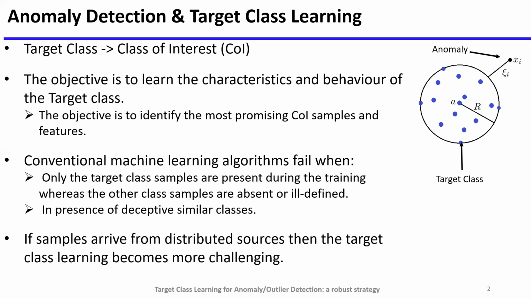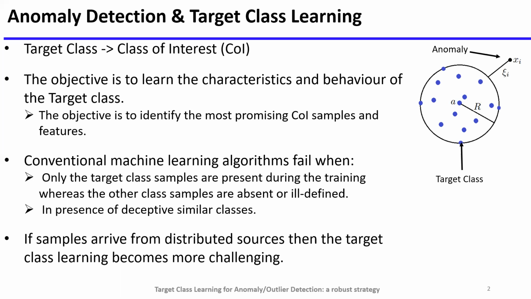That is why target class learning is very important in anomaly detection techniques, because in most practical applications, even in our natural wisdom, we always think of learning the target class. Once we learn the target class very efficiently, only then will we be able to identify that a sample which does not belong to the target class is definitely an anomalous one.